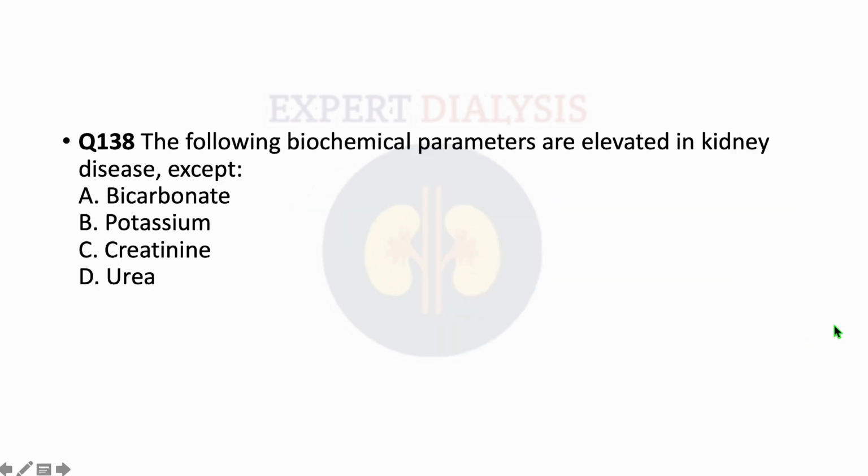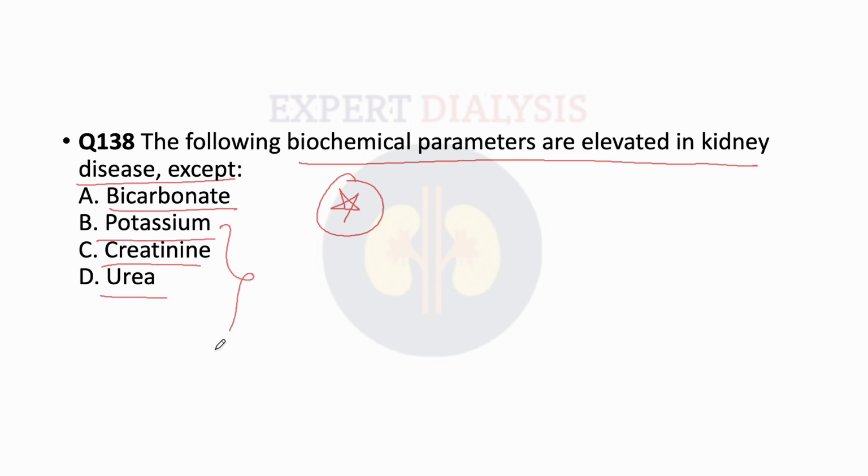Moving to the next question. Here it says the following biochemical parameters are elevated in kidney disease except. Options are bicarbonate, potassium, creatinine, and urea. Potassium is generally increased in CKD patients. Creatinine is also increased, and urea is also generally elevated.